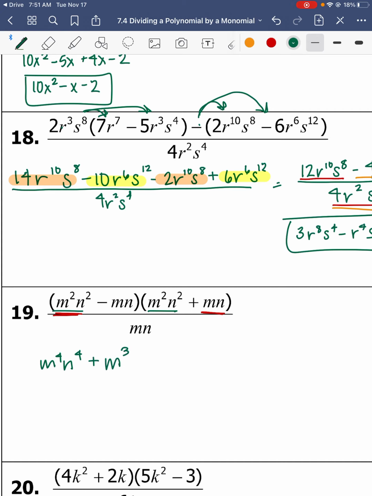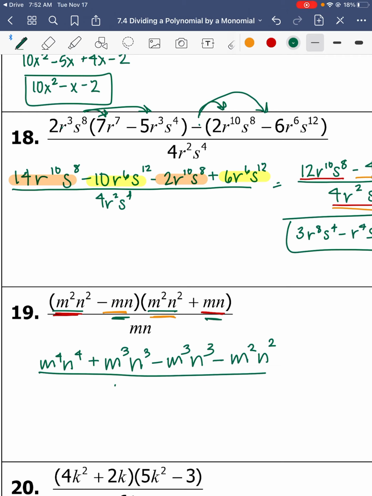Outer two, we get positive m^3 n^3. Inner two, we're going to get negative m^3 n^3. And then the last two, we're going to get also a negative m^2 n^2. Okay, and this is all going to be divided by mn.